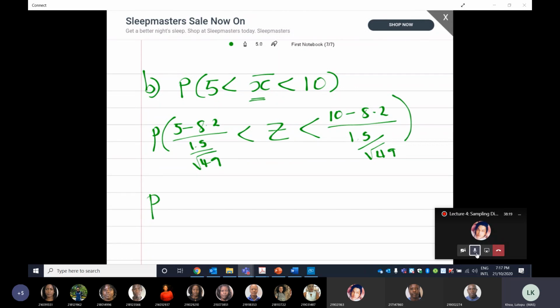So can you guys work this out? On the left of Z, what do we have?